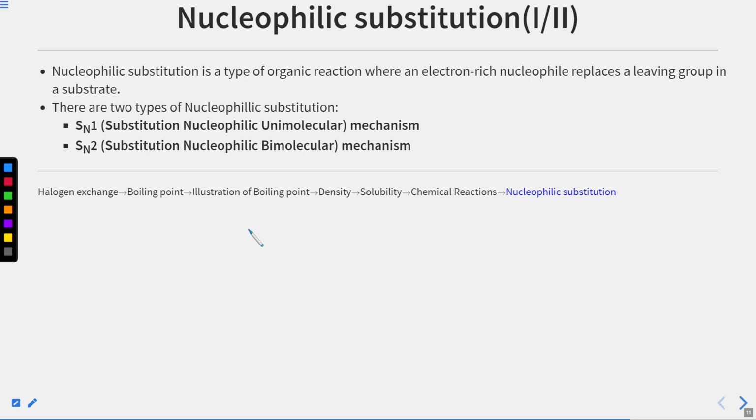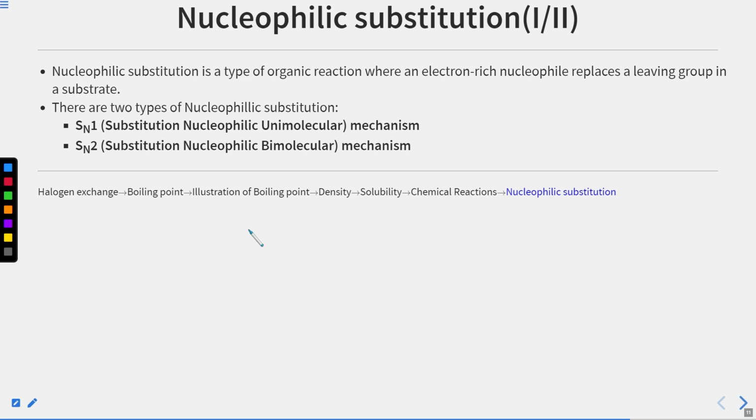SN1 being first order means it only depends upon one reactant concentration raised to the power 1. Whereas in SN2, the bimolecular reaction, it depends upon two reactants individually. Both of the reactants contribute to the SN2 reaction, so you have to consider both of them.